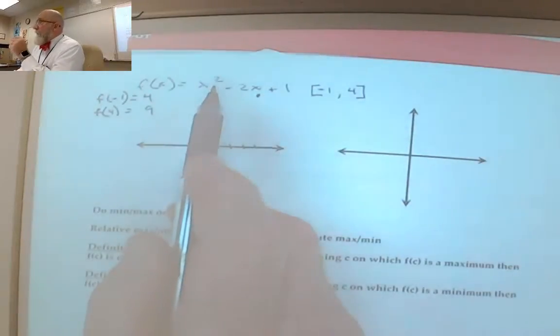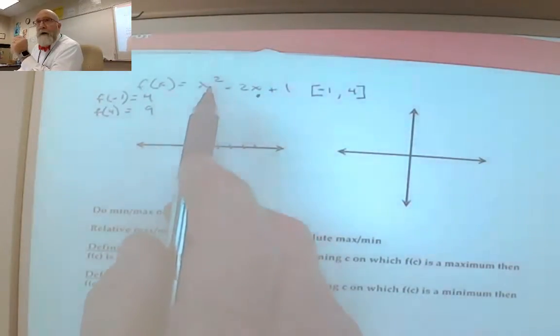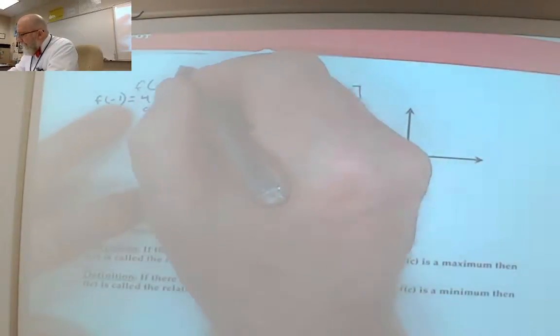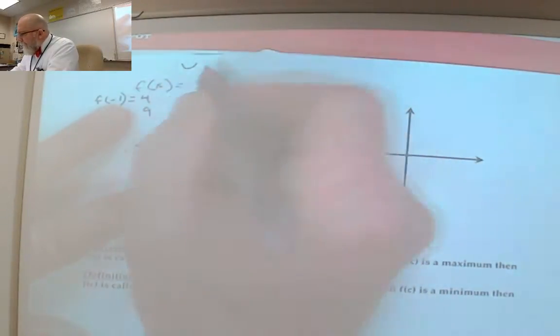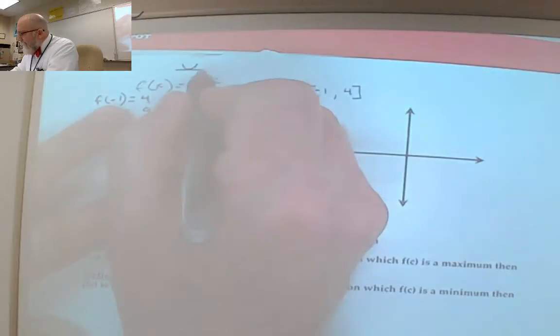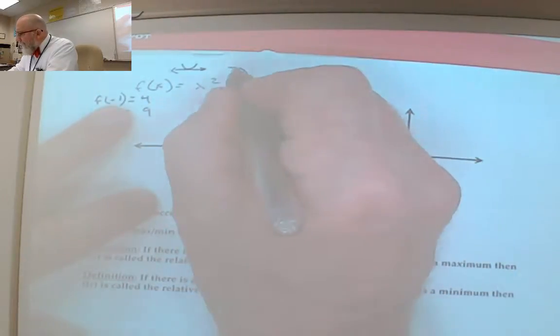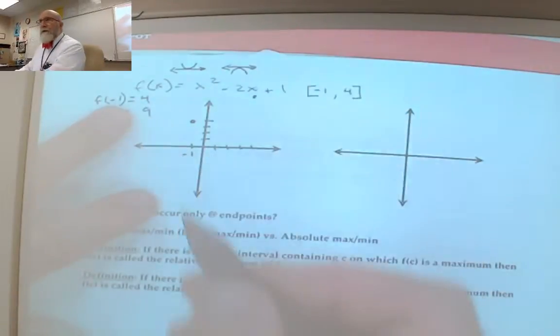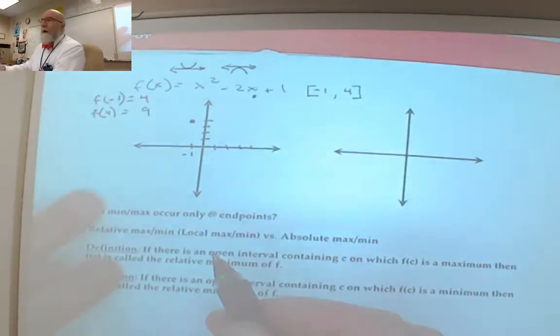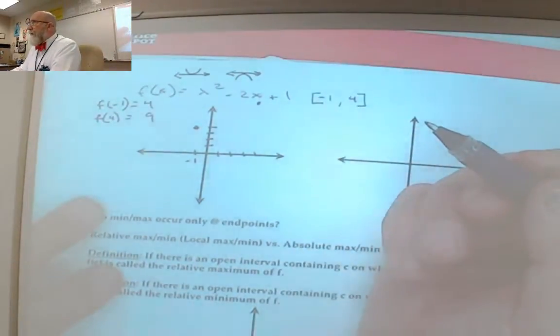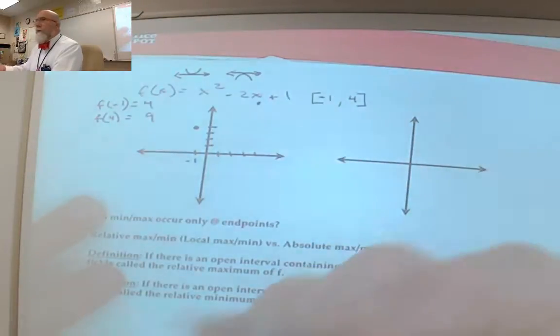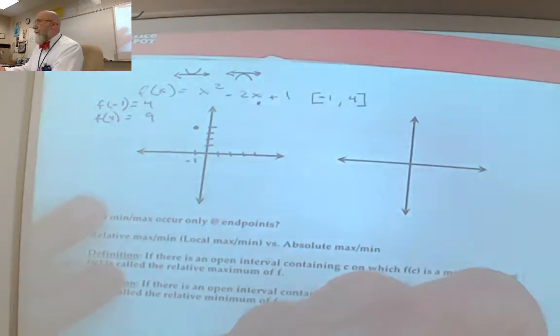At those points where it turns around, there is a horizontal tangent line. Everybody have that idea? So in other words, if I have a minimum like this, right there is a horizontal tangent line. And if I have a maximum like this, right there at that vertex, there's a horizontal tangent line. And what's special about horizontal tangent lines? We know the slope of horizontal tangent lines.